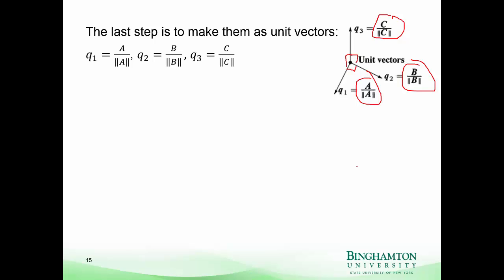So we've got three unit vectors that are orthogonal to each other, but they're not necessarily aligned with our original unit vectors, which would be the 1, 0, 0, 0, 1, 0, and 0, 0, 1. Those would be our standard axis vectors. We've got a new set of axis vectors that might be tilted and rotated with respect to the original. And that's kind of the key idea here.